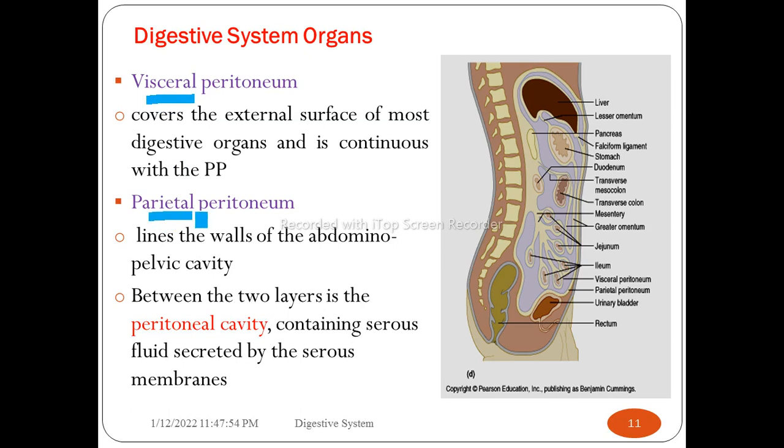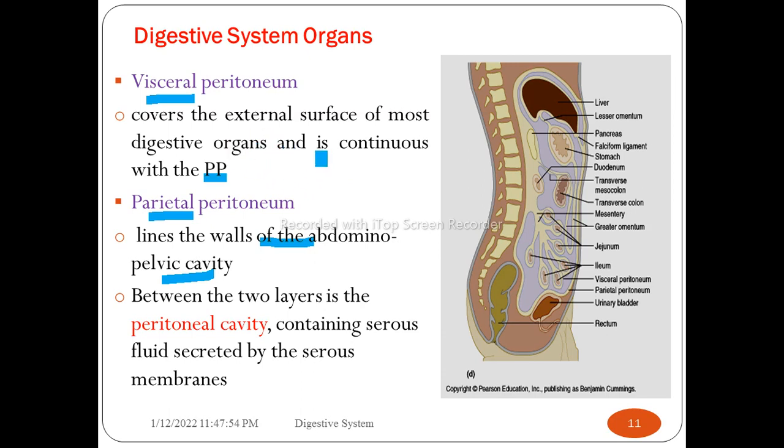The visceral peritoneum covers the external surface of most digestive organs and is continuous with the parietal peritoneum. It is found directly external to all digestive organs, but the parietal peritoneum lines the walls of the abdominopelvic cavity.